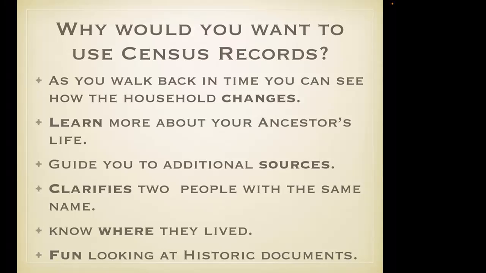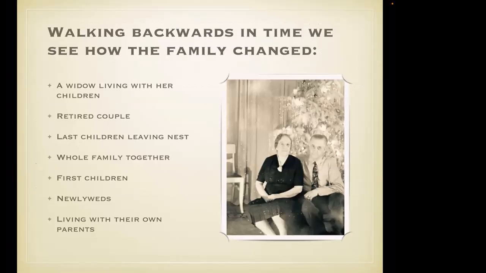So here's an example of walking backwards in time to see how the family changes. In the nearest decade, you might find a widow living with her children. Prior to that, it may be a retired couple. The decade prior to that, it might be the last children are getting ready to leave the nest. The whole family could be together in the prior census.